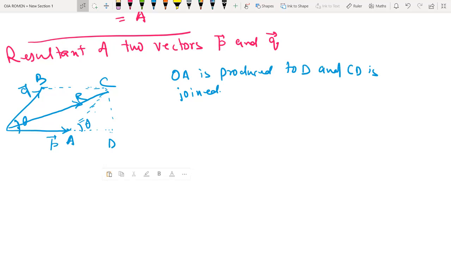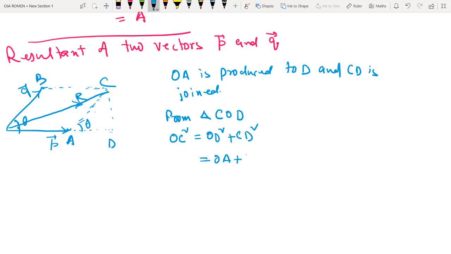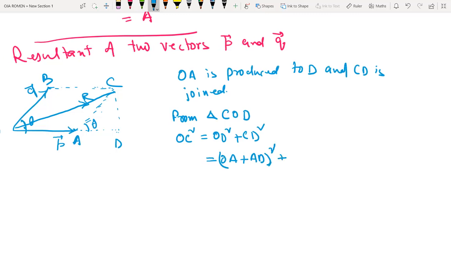Then from triangle COD, OC square equal to OD square plus CD square. So this is OA plus AD whole square plus CD square.